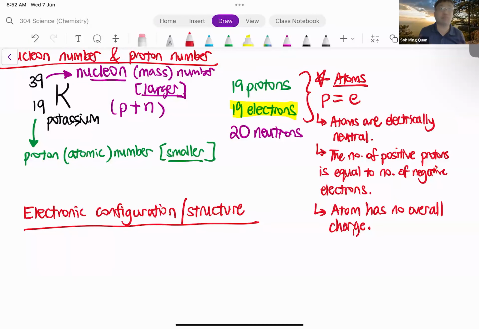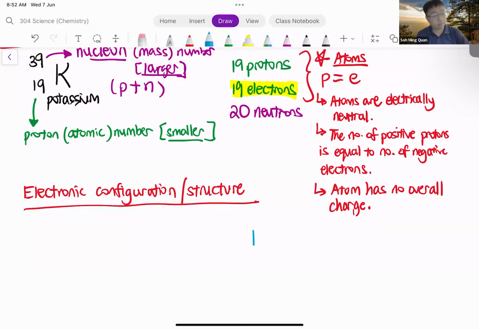Every shell holds a different maximum number of electrons. So what are the rules here? The rules are, first shell is maximum 2 electrons. So the very first electron shell, which is closest to the nucleus, can only hold 2 electrons, maximum.